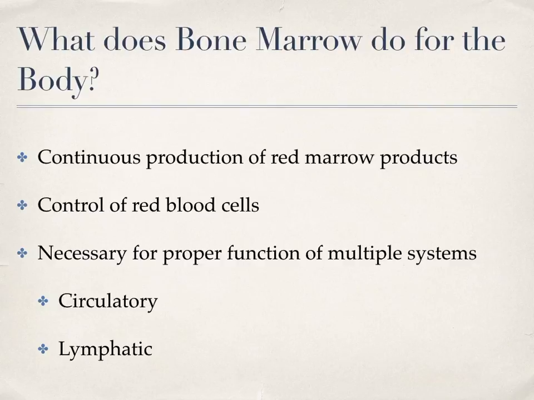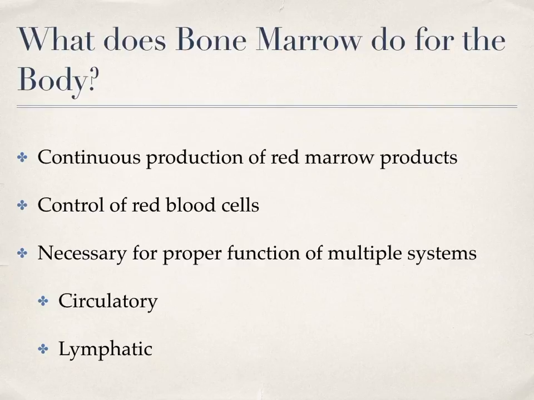So we can control red blood cells with a hormone from the kidney. We can control white blood cells and also platelets. So for control of red blood cells, it's stimulated by the hormone erythropoietin, which is found in the kidneys.